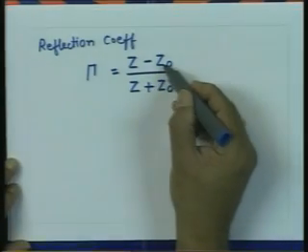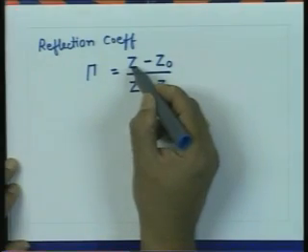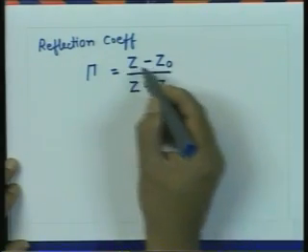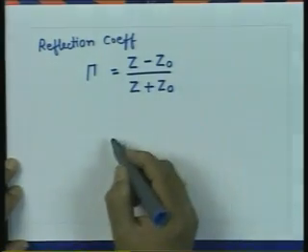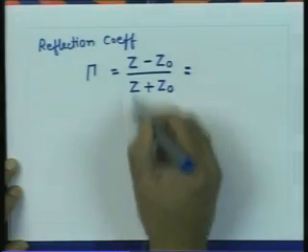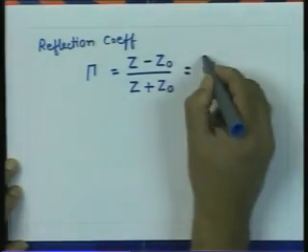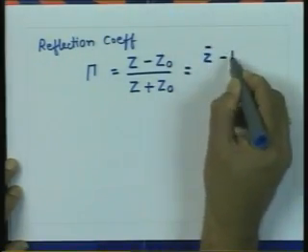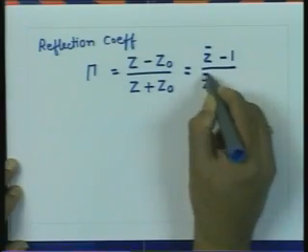For a lossless line, Z0 is a real quantity, Z in general could be complex. If I write this expression in normalized impedances, I can take Z0 common from numerator and denominator. So, this will be Z normalized minus 1 divided by Z normalized plus 1.